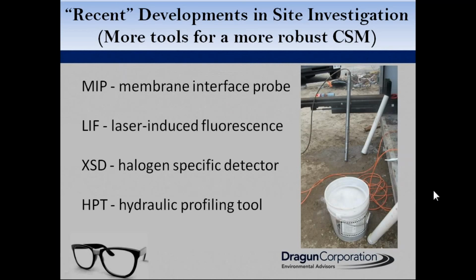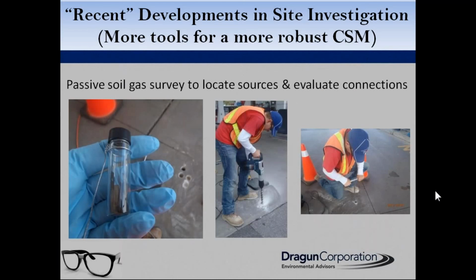I'm going to change gears here, and we're going to look at passive soil gas. In some cases you can't drill because you're inside a building with a low ceiling, or there are other reasons you can't drill. Here what we're doing is drilling really small holes, 2 to 3 feet deep, and putting in passive collectors to collect gas that is given off by volatile organic compounds.